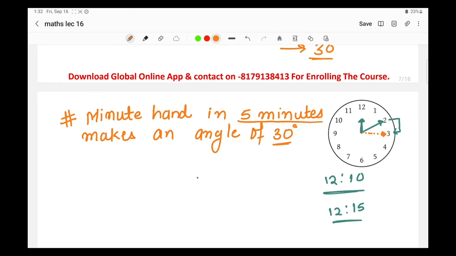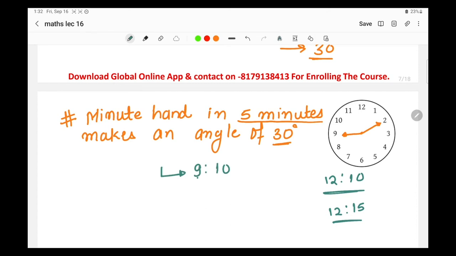If the question asked to you is, for example, like this: now the time is 9:10. For example, this is the hour hand and this is the minute hand. The time right now is 9:10.